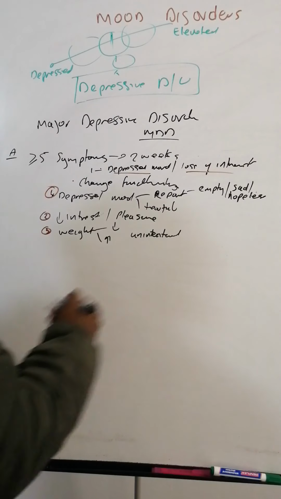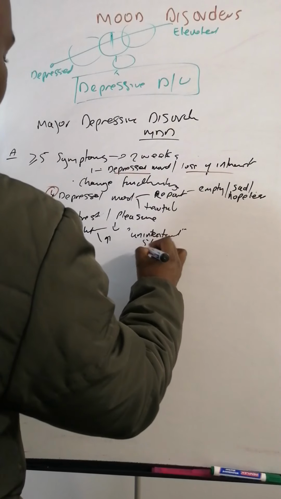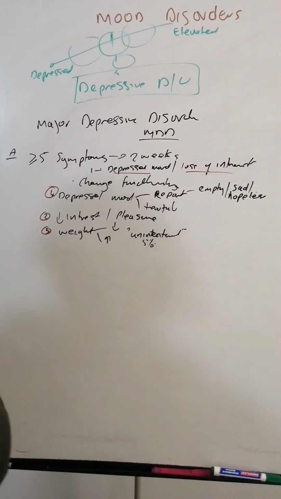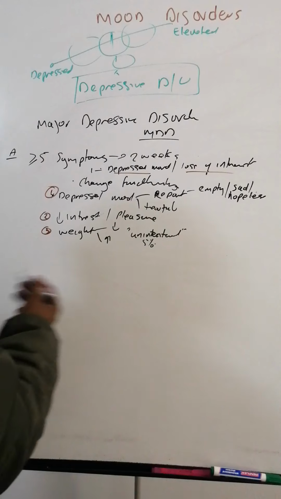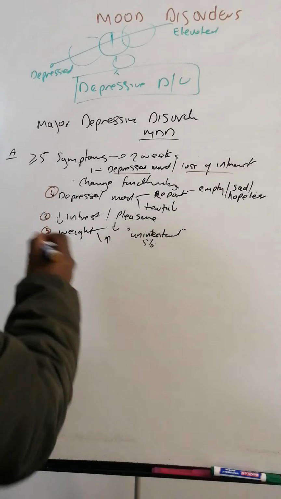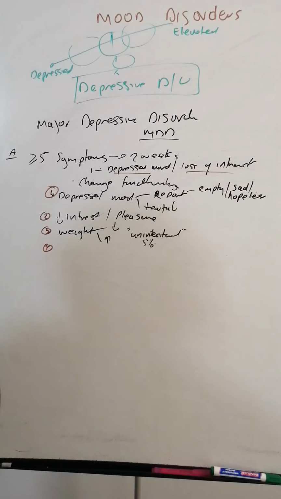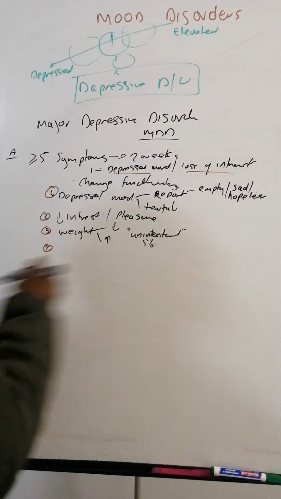It must be unintentional. Very important. And they must lose about 5% of their body weight. Obviously, it becomes tricky if the patient has not checked their weight recently. And then number 4, they get sleep disturbances as well.